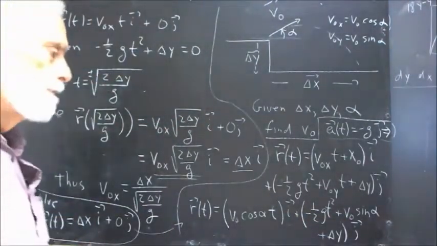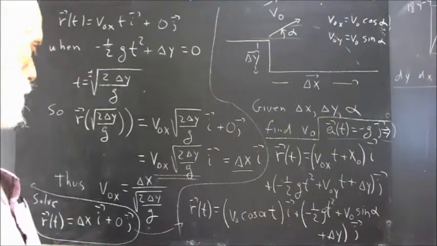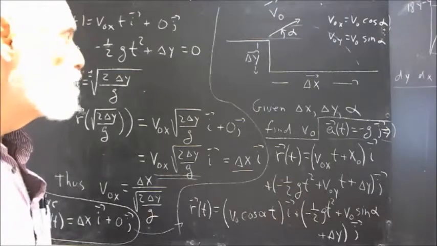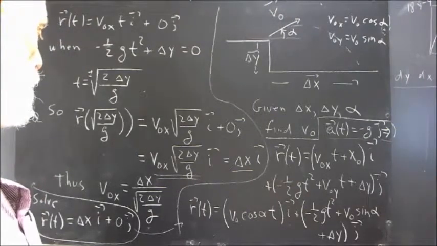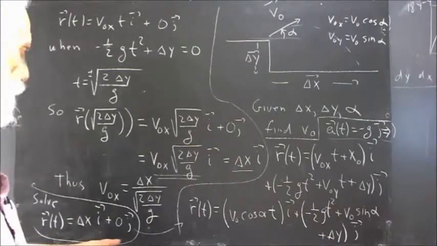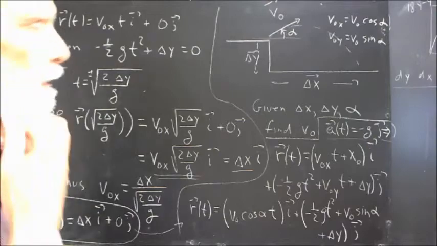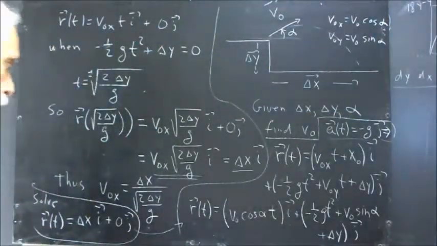How do we, what's the condition here? Okay, the condition is, I've said here we want to solve this, and that's actually not right. I said that over here, I said we're given delta x, delta y, alpha, and V0.